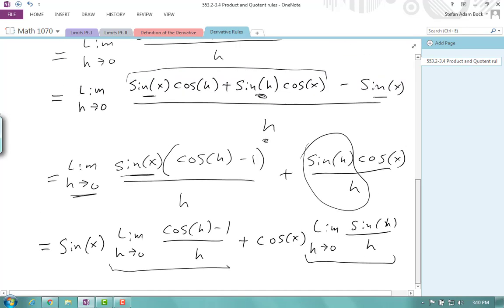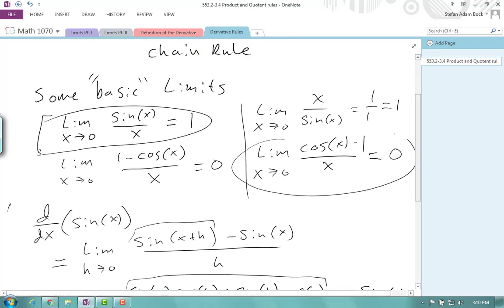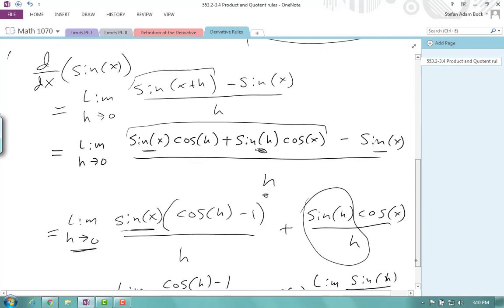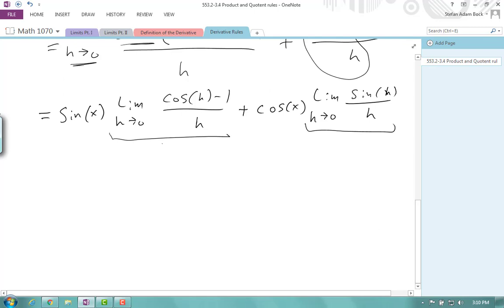My limit as h goes to 0 of sine of h over h is 1, and my limit as h goes to 0 of cosine of h minus 1 over h is equal to 0. So I'll use those. This is equal to 0, this one is equal to 1, so I'm left with 0 plus cosine of x, which is just simply cosine of x.